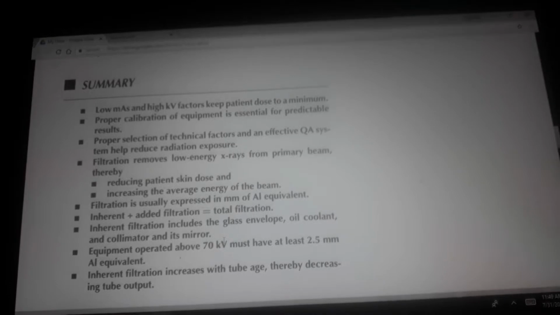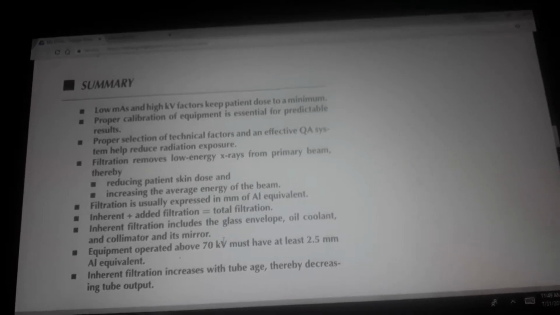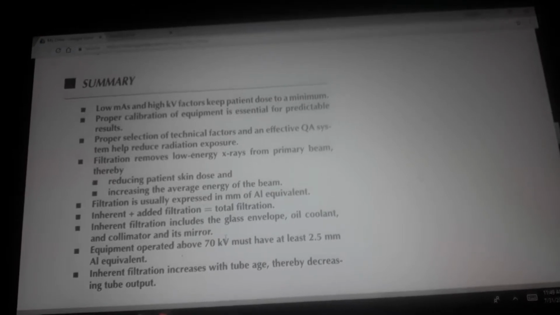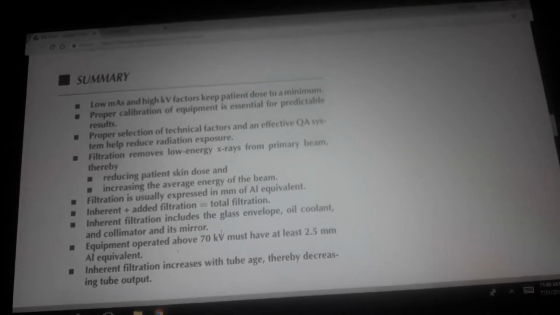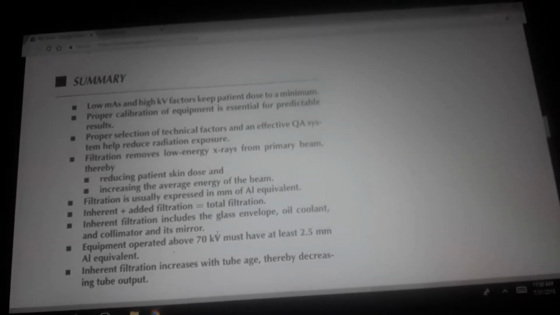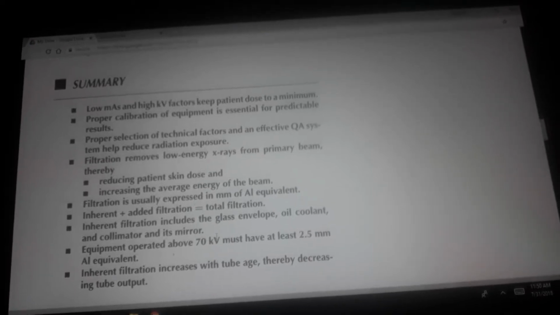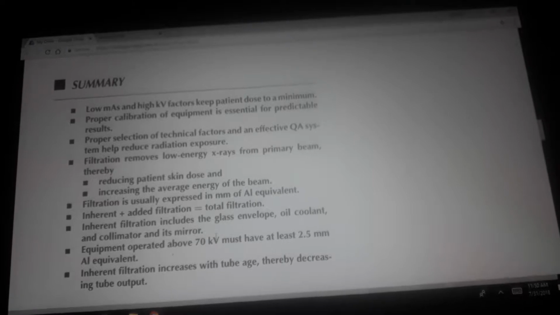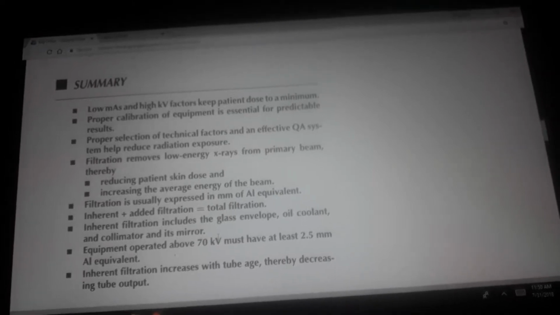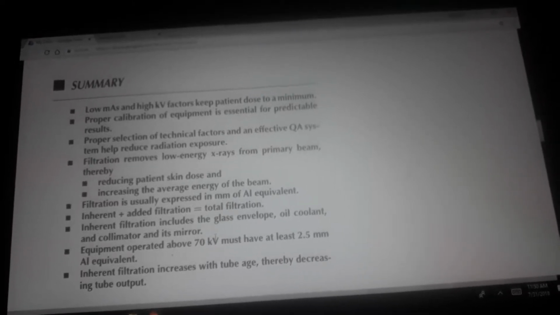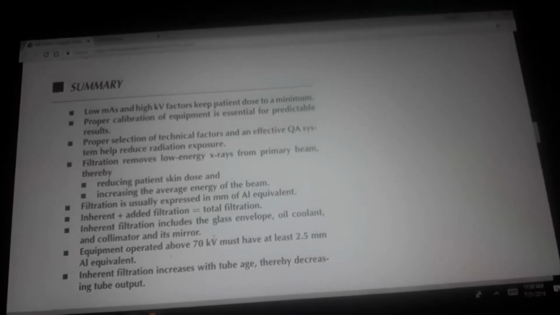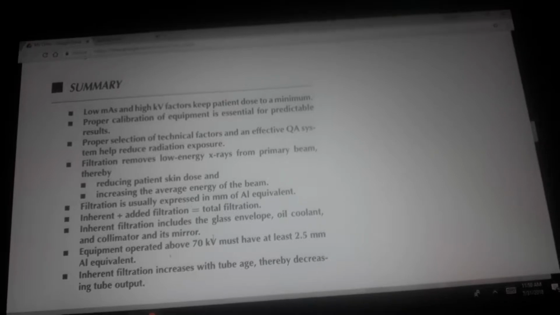Inherent filtration includes the glass envelope, oil coolant, and the collimator and its mirror. Equipment operated above 70 kVp must have at least 2.5 mm Al equivalent. Inherent filtration increases with tube age, thereby decreasing tube output.